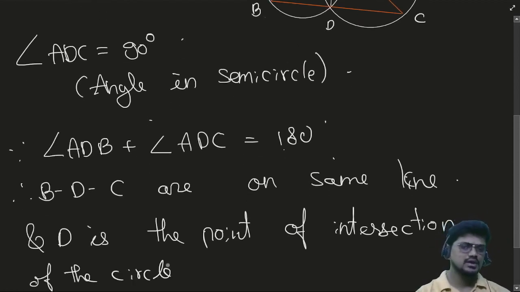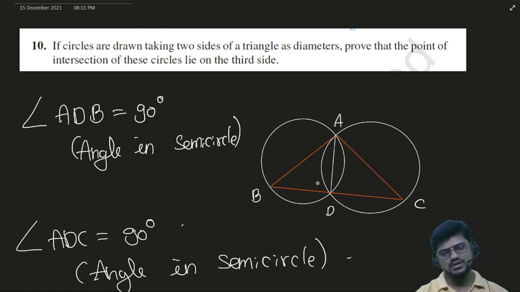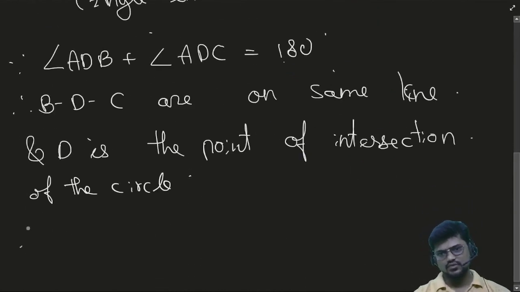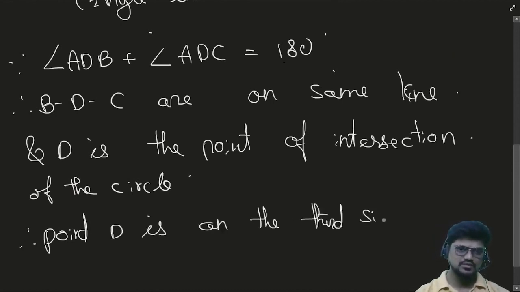Got it? D is a point of intersection of the circles, and this point D will be on the same line. Therefore, point D is on the third side of the triangle.